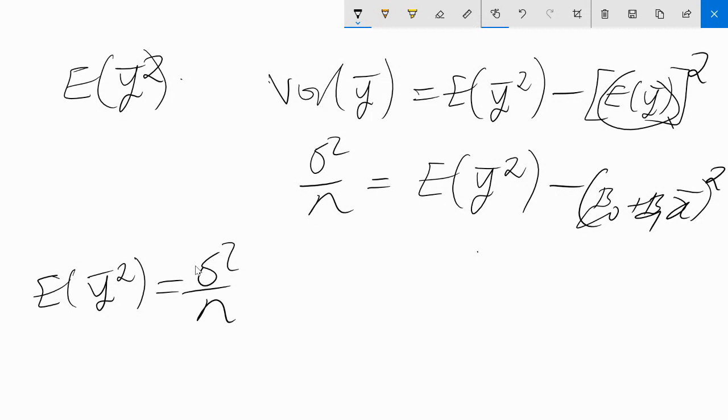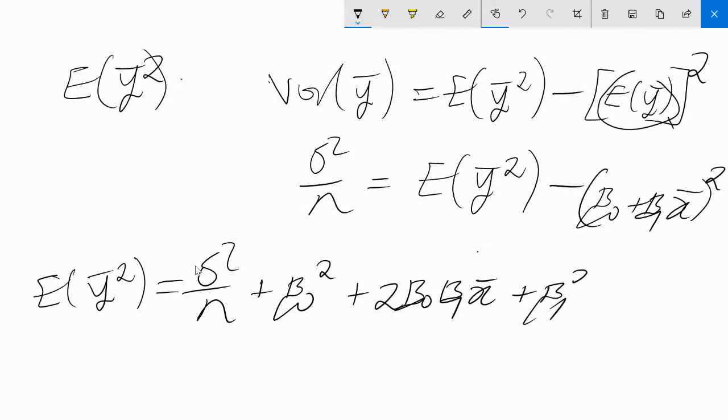We are taking this one to the other side, so this becomes positive. But again, this is a plus b squared. So a plus b squared is nothing but a squared plus 2ab plus b squared. So we have this again.